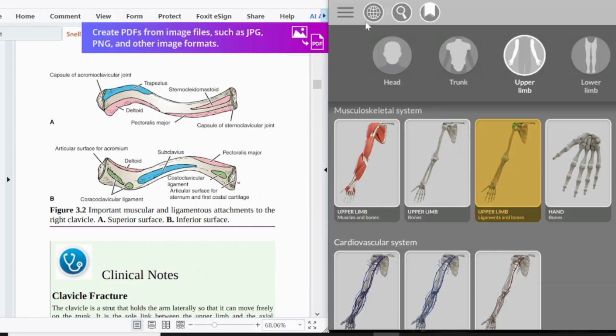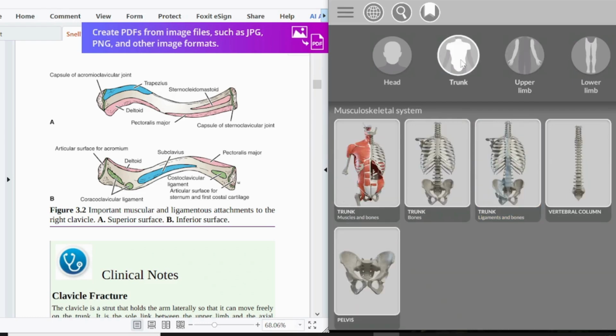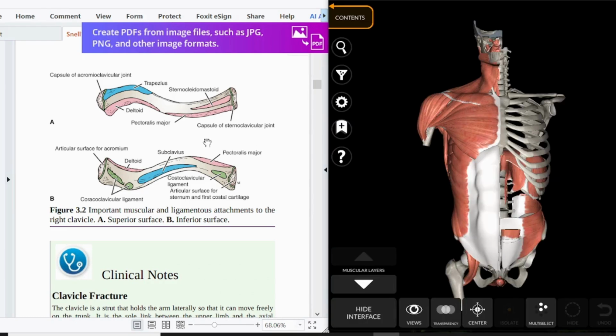So if we move to our trunk and see the muscles, this is the posterior end while this is the anterior end of the clavicle, this is the superior view and this is the inferior view.